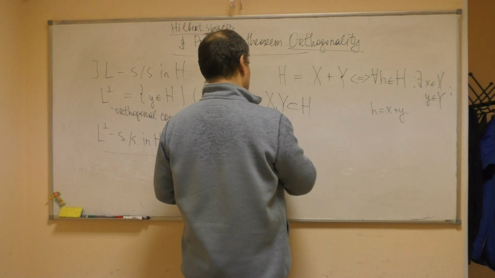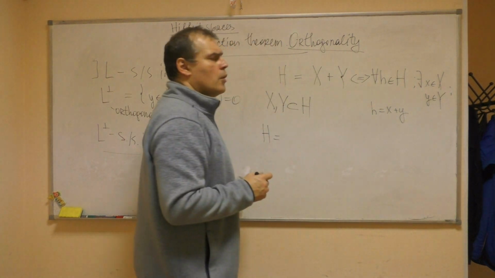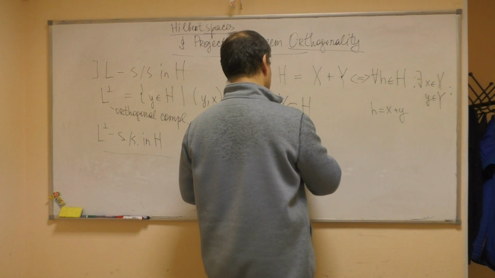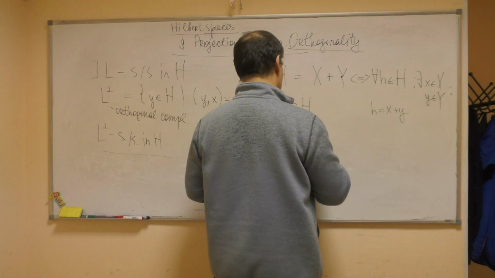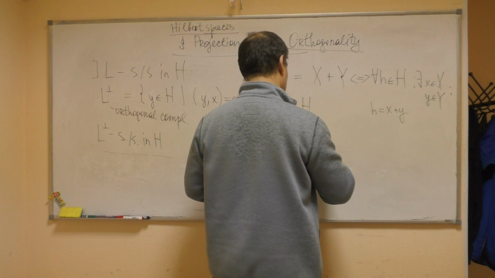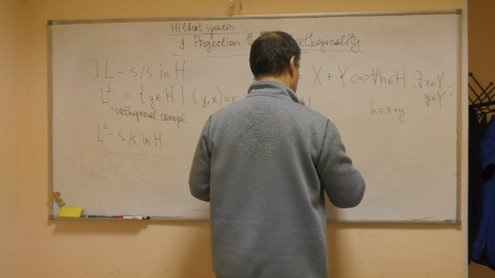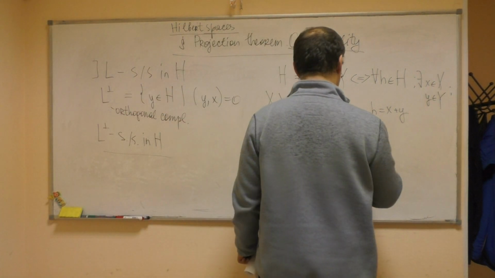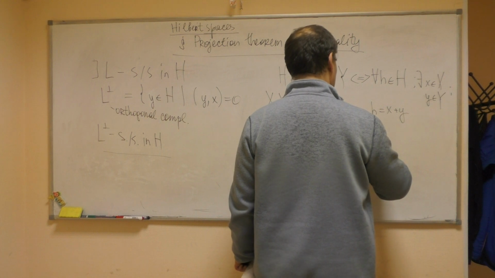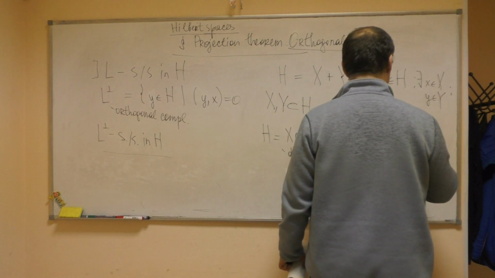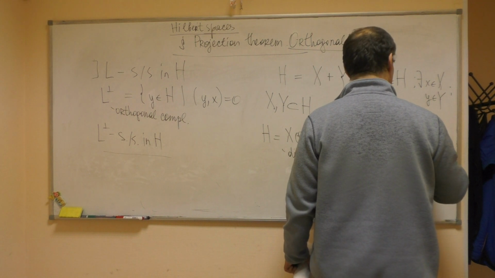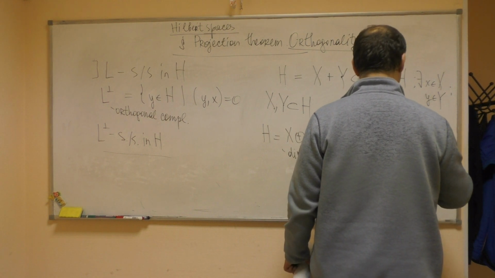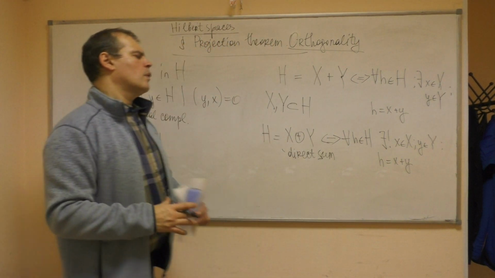And we say that H is decomposed into the direct sum of X and Y, and write this, if for each h we can find unique x from X and y from Y such that h is the sum of x and y.